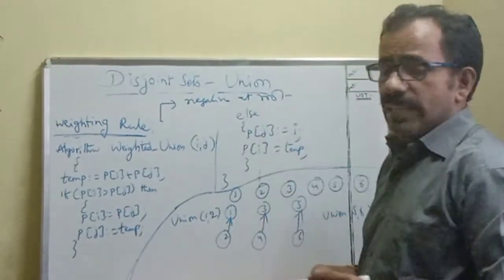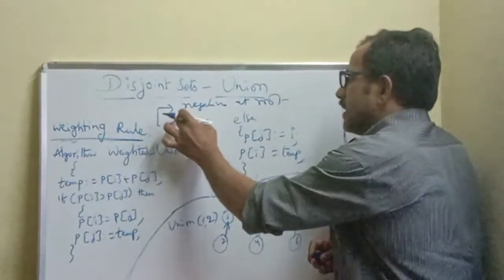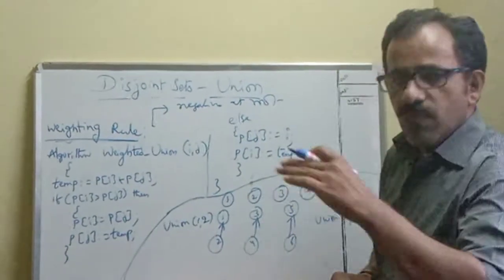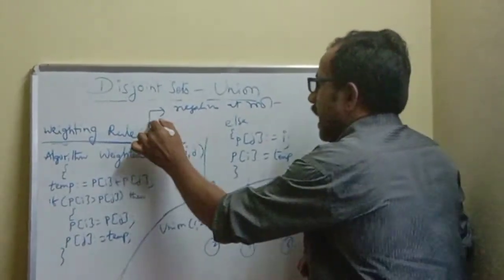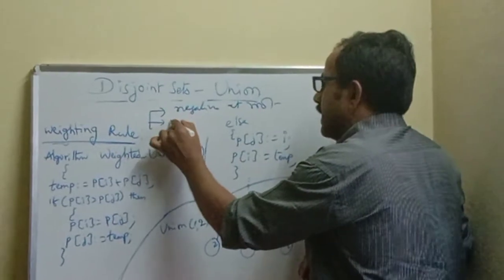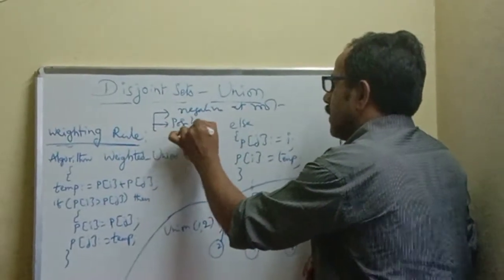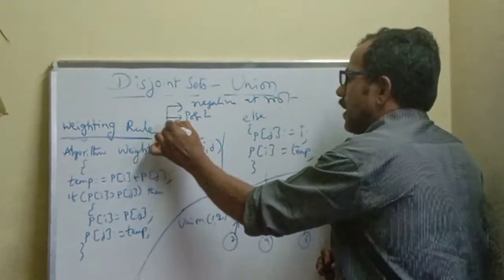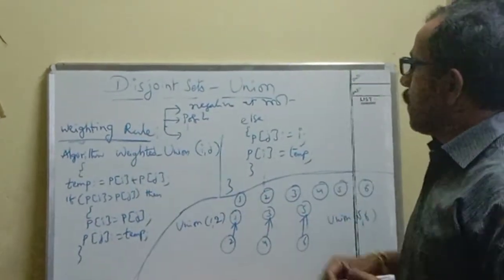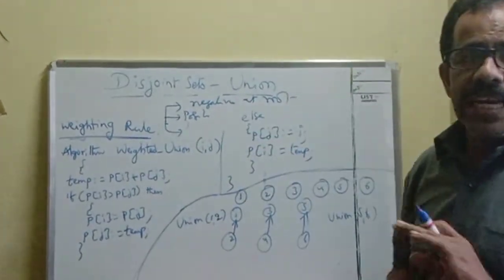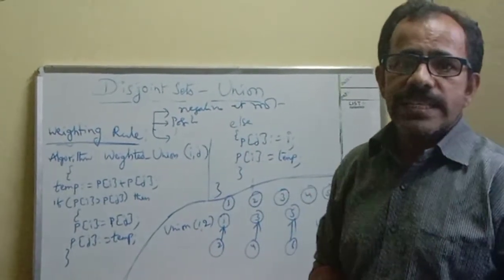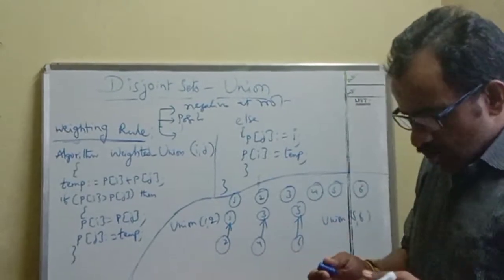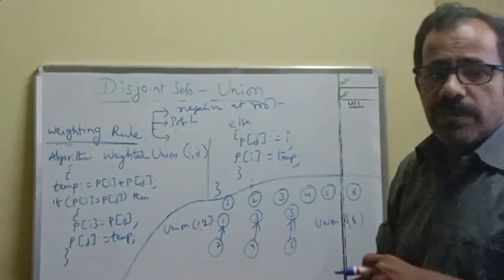Then go to a subtree and count the number of nodes in that entire subtree, and represent that number as positive. Again go to the next subtree, represent that number as positive, and so on. So what I want to say is, at the root node we represent a negative number as the total number of nodes in the tree, and all the remaining subtrees contain positive numbers. That number shows how many nodes are there in that particular subtree.